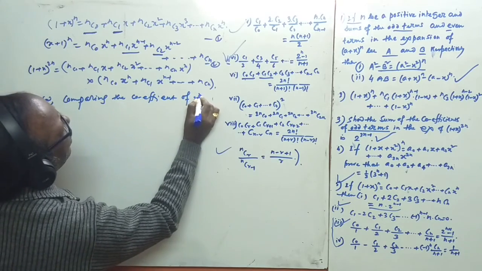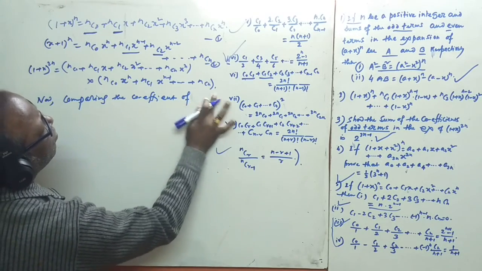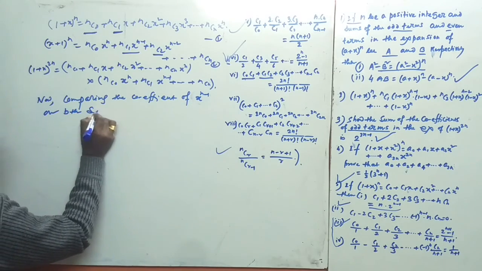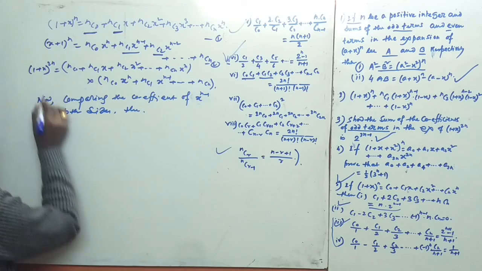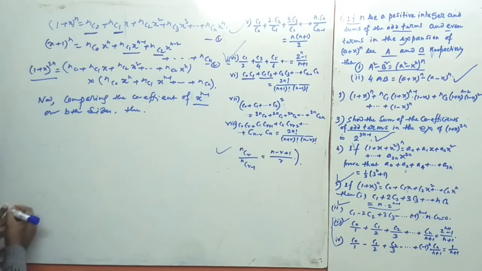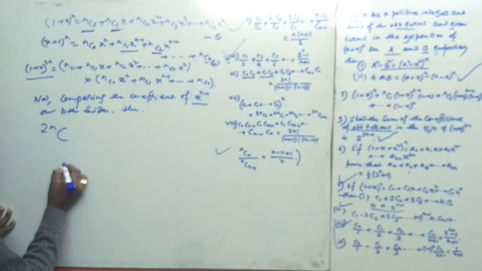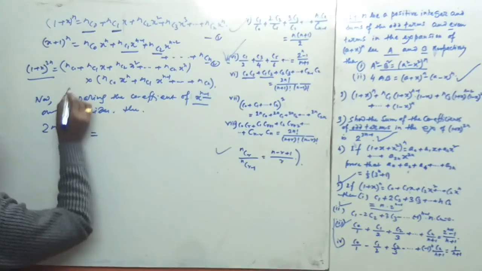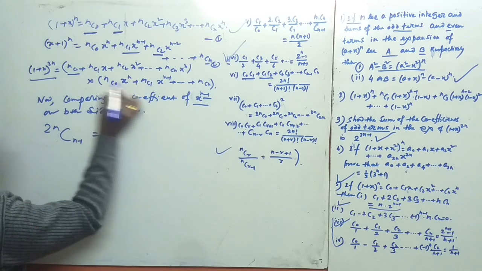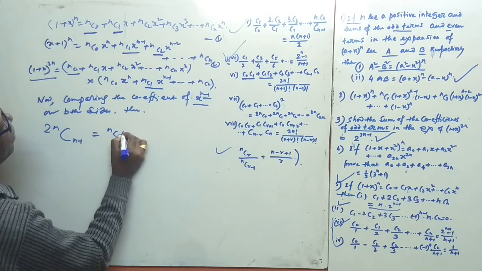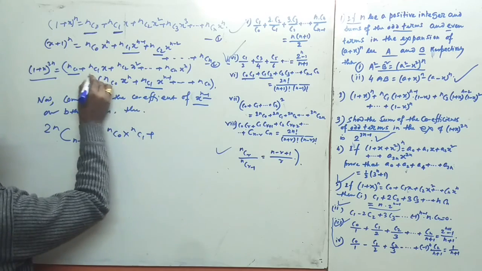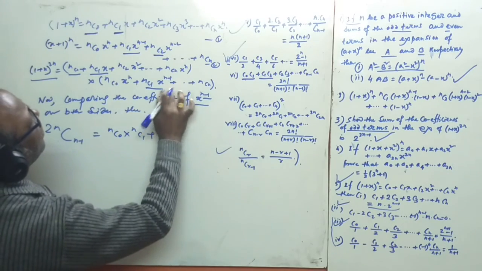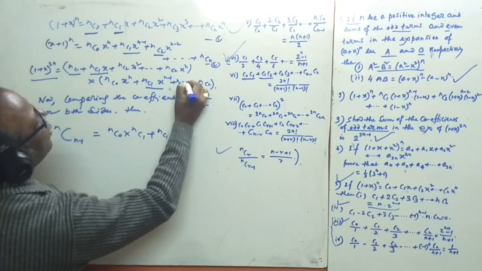Coefficient of x to the power n minus 1 on both sides. For this we have to find the coefficient of x to the power n minus 1. So that is 2nC, this is the power so that's why this would be the suffix. And now see here, if I multiply nC0, nC1, and next the term nC1, nC2 and x to the power n minus 2.